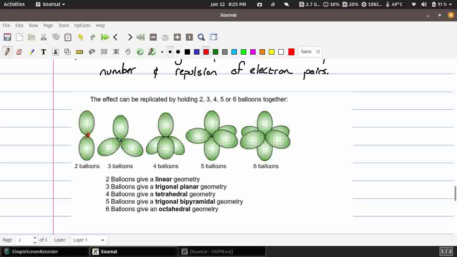So if you look here, it's going to be straight, trigonal planar, and this would be your tetrahedral, this one is octahedral, and honestly, there's trigonal bipyramidal.